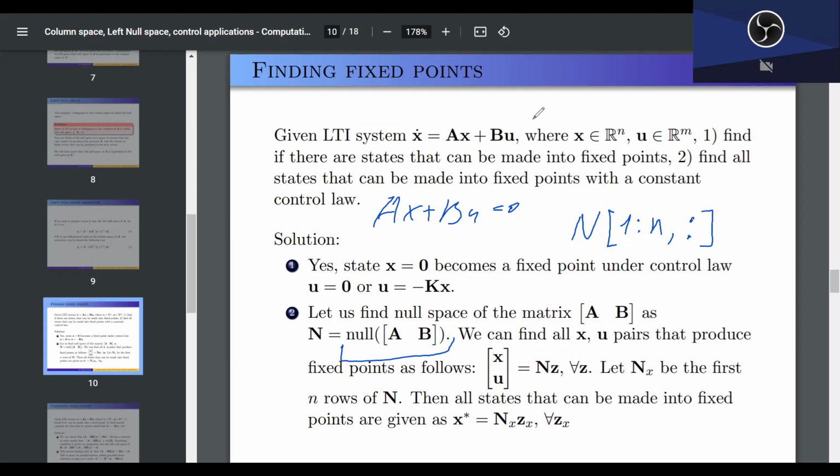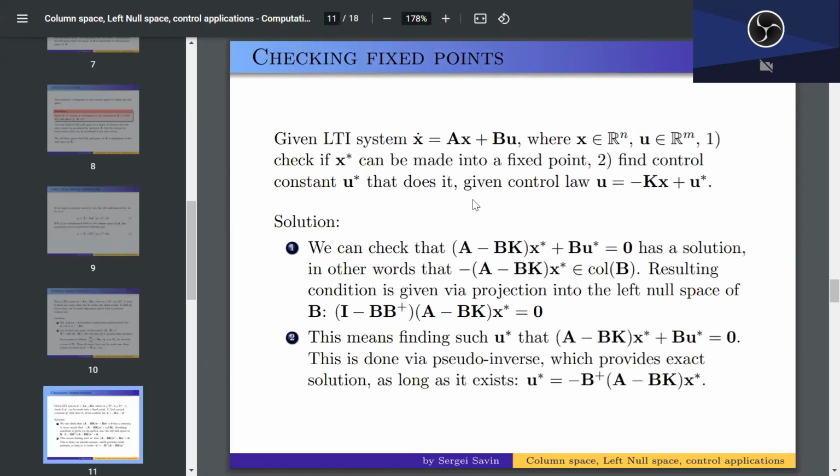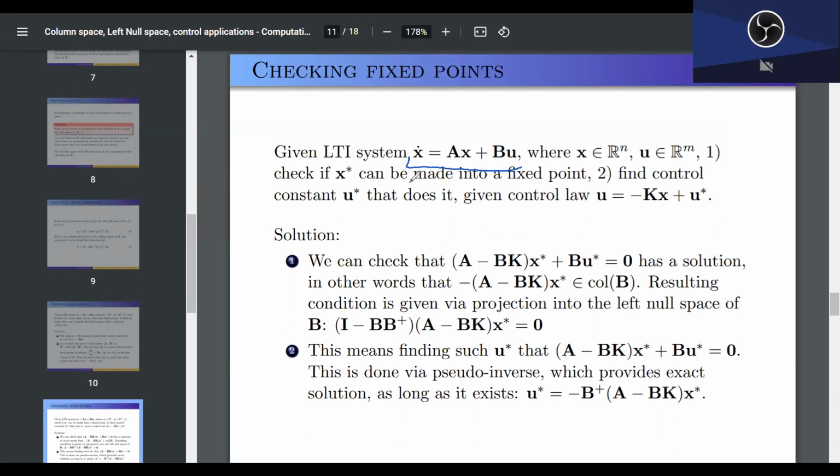Let's move to the next one. Before I lose you to boredom, I think with those examples, that risk is equivalent to losing you to difficulty. Okay, same system, but now I want to check if a particular x star can be made into a fixed point, and I want to find u star that makes x star a fixed point, given that the control law looks like this.